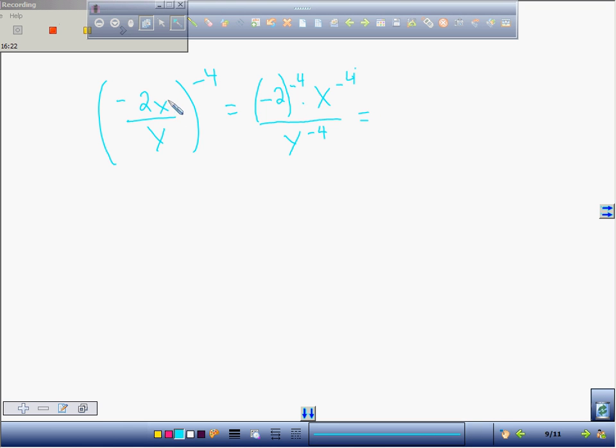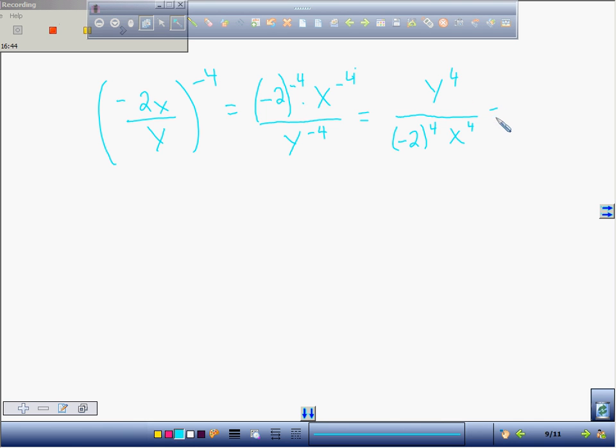But I could have just flipped this at the beginning, right? But what happens to all these, how can I change all these negatives into positives? Flip everything upside down. So I could write this as negative 2, it's still negative 2, raised to the positive 4th, x to the positive 4th, over y to the positive 4th.